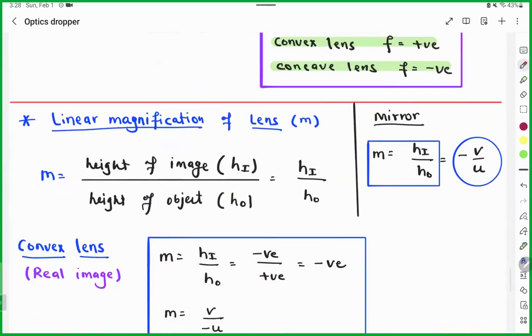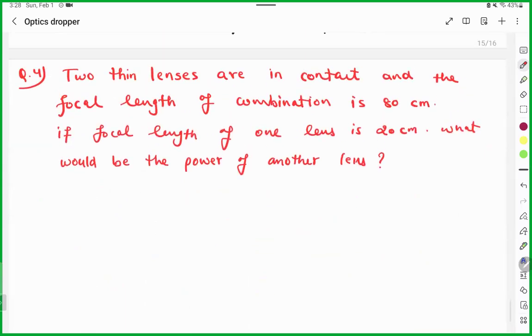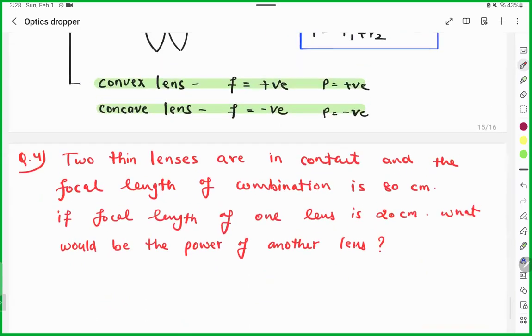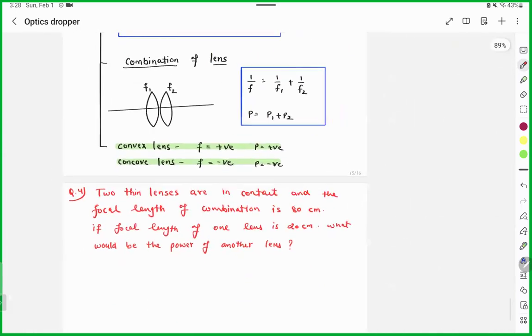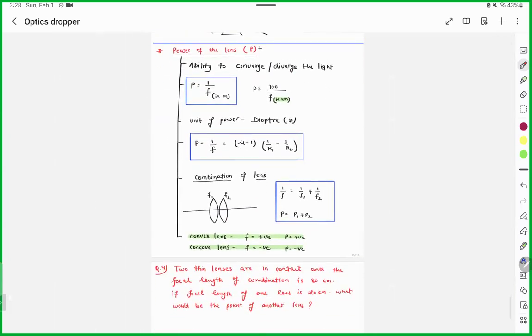Okay. So now I'll send the PDF first, then you do. But based on these formulas, you can solve this question. All of you solve this question and send. Fourth question, sir.